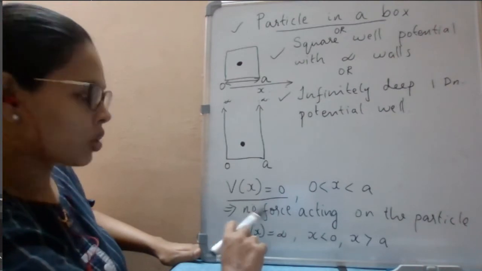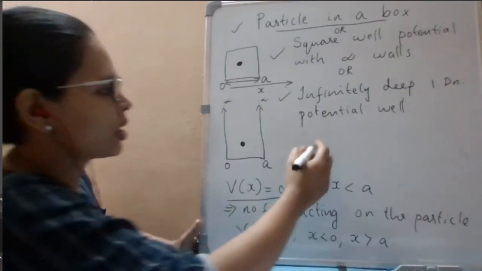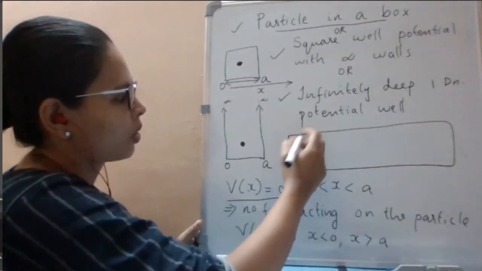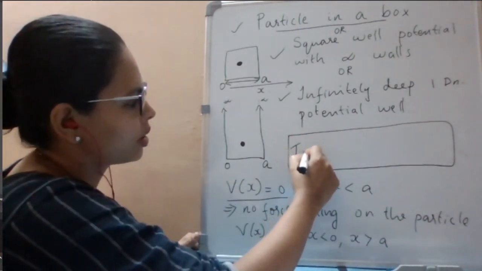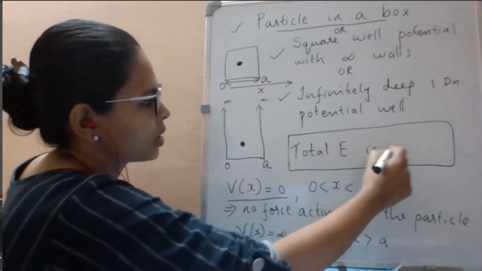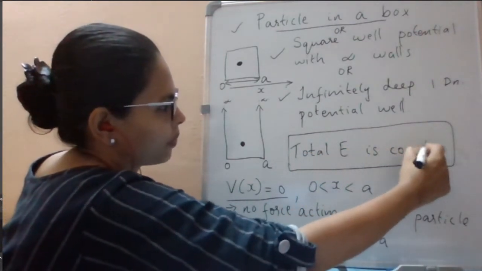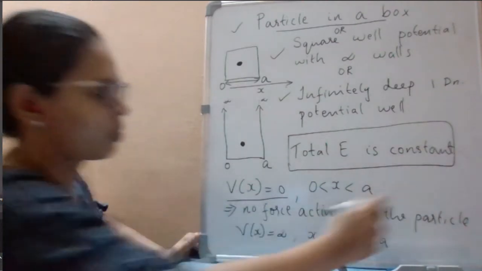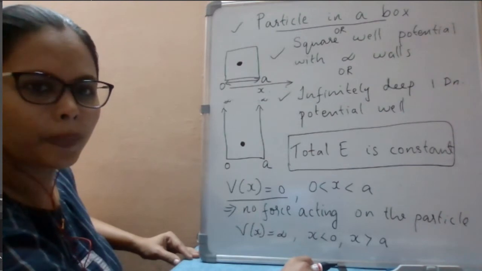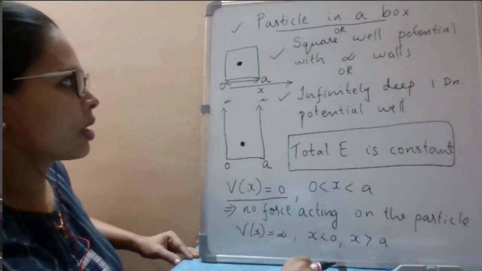That means total energy of the particle is a constant. So our conclusion regarding this is total energy is a constant. So these are the introductory ideas regarding the particle in a box condition.